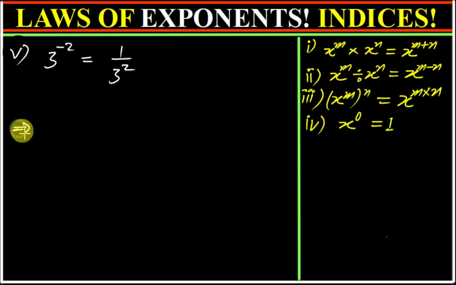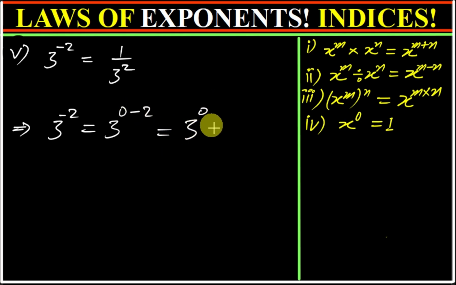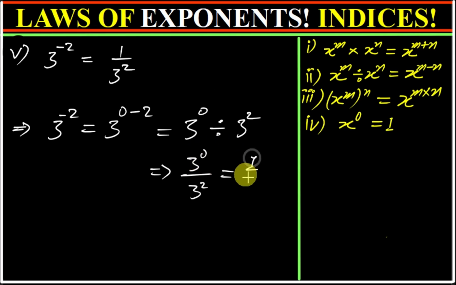Again we can say 3 raised to the power minus 2 is equal to 3 raised to the power 0 minus 2, and that is equal to 3 raised to the power 0 divided by 3 raised to the power 2. Any number raised to the power 0 is 1, so 3 raised to the power 0 is also 1, divided by 3 raised to the power 2.